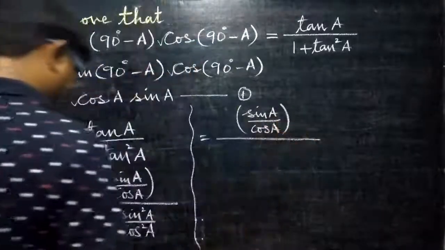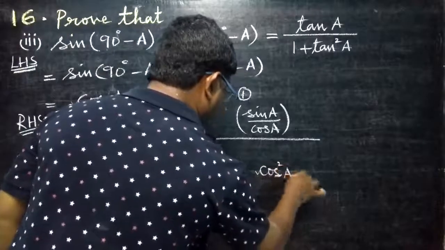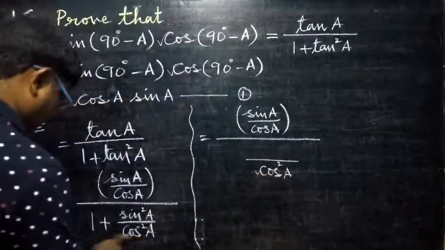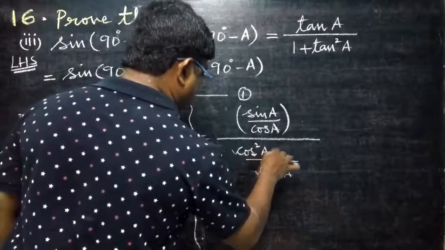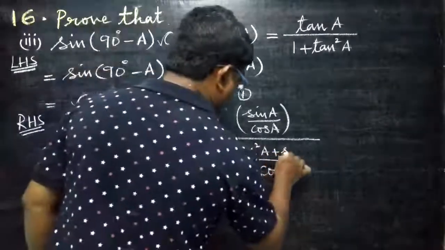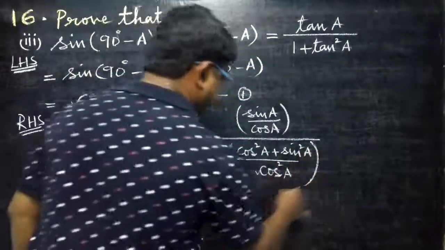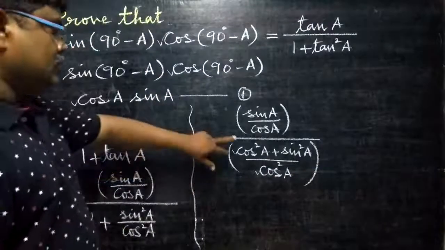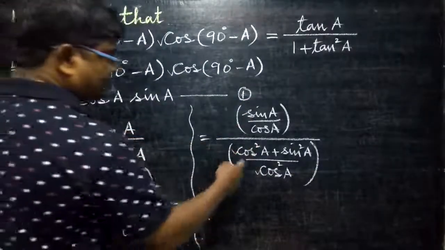In the denominator take the LCM. Cos square A is the LCM. So 1 into cos square A is cos square A. Cos square A plus sin square A. This is the denominator. Before taking the reciprocal, you can simplify here itself.